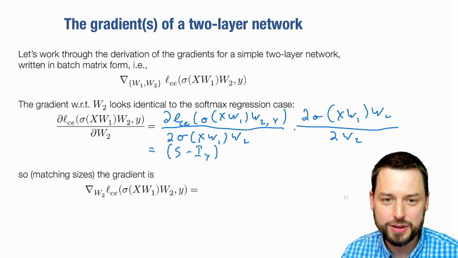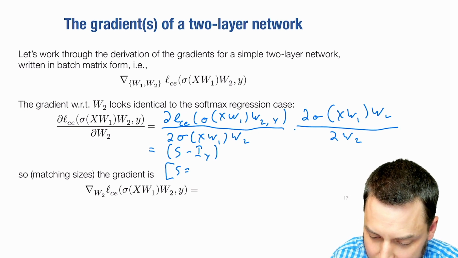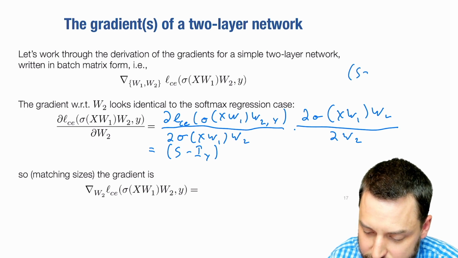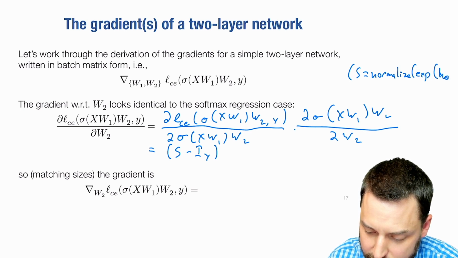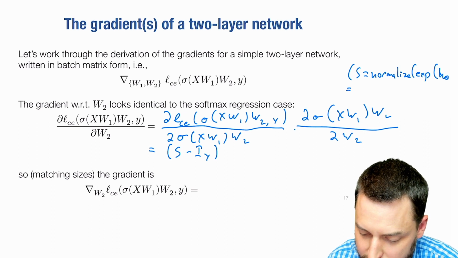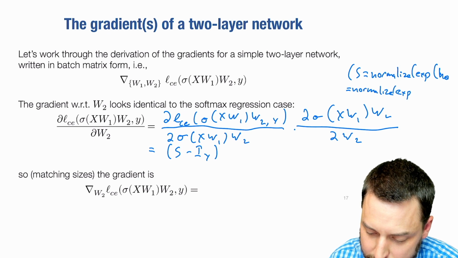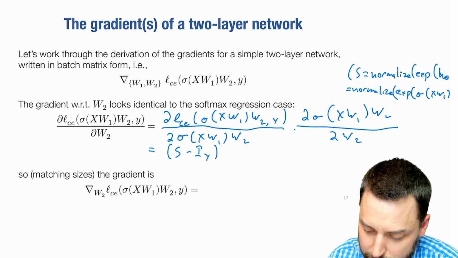We already used z for other things now, so I'm going to use s here. S is just equal to, I should maybe write it up above to not crowd the text too much, S here is just equal to normalize the exponential of h theta of x, i.e. it equals normalize exp of sigma x w1 w2.